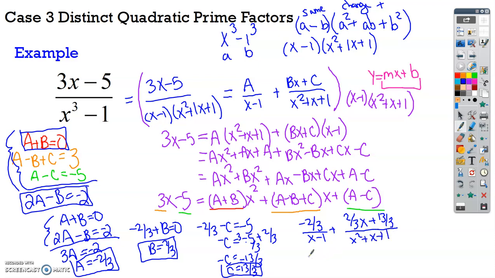What's a nicer way of writing that? Bump the 3 down. Negative 2 over 3 times x minus 1 plus 2x plus 13 over 3 times x squared plus x plus 1. That was a doozy, but we made it.